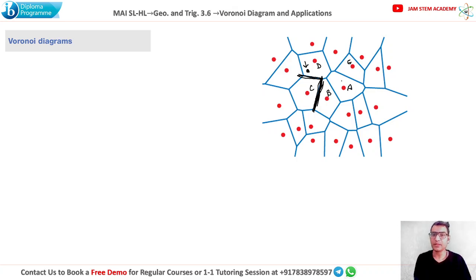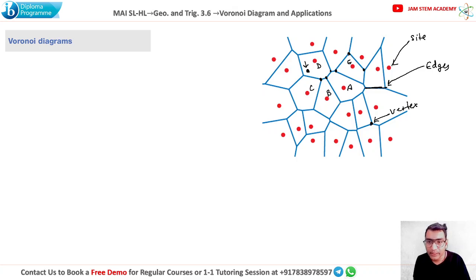Next, these edges meet at some points. Those points of intersection of perpendicular bisectors are called vertices. So now you know about the site, and the edges, which are actually the perpendicular bisectors for us, and the points of intersection of those are called vertices.